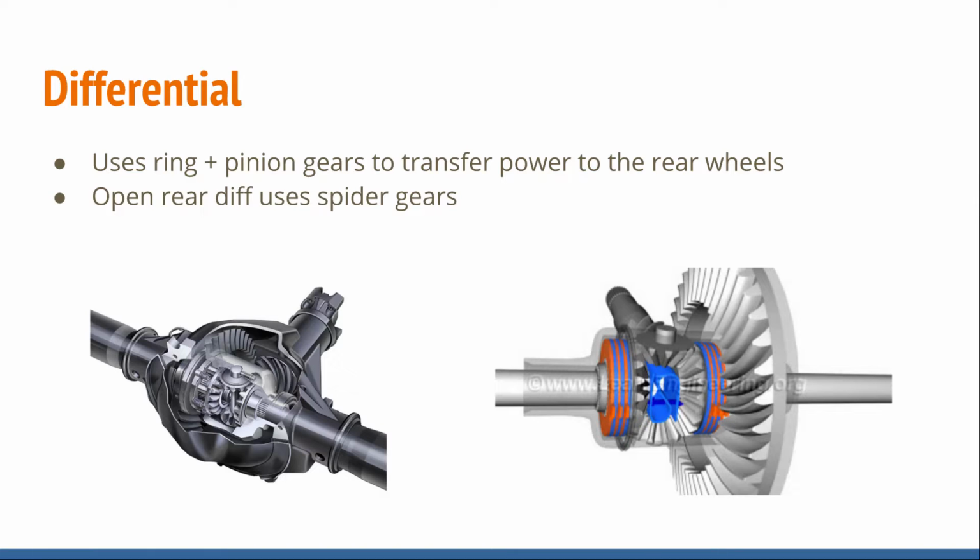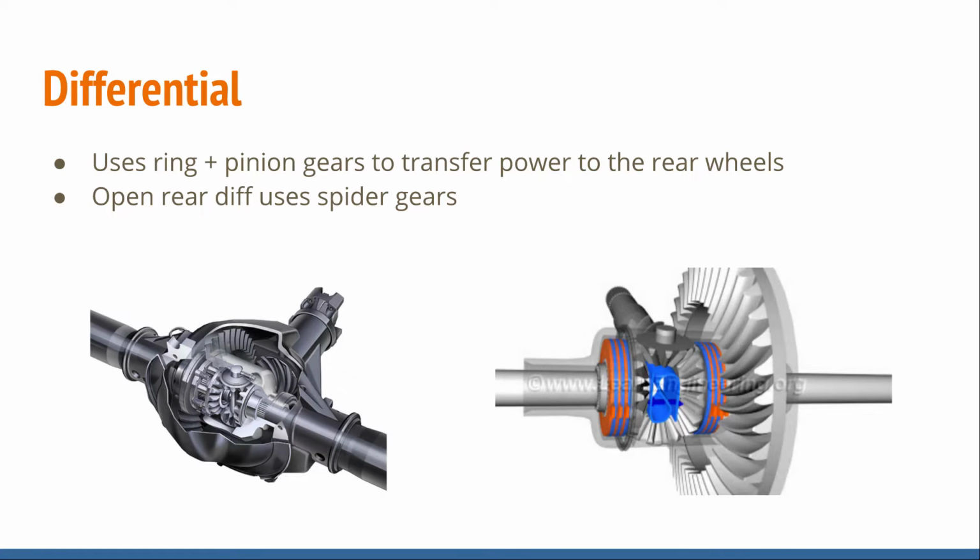An open rear end uses spider gears, and an open rear end is, there's nothing locking the two wheels together. So you can spin one wheel independently of the other wheel. An example of this is, here in Michigan where we get snow, you can get stuck.